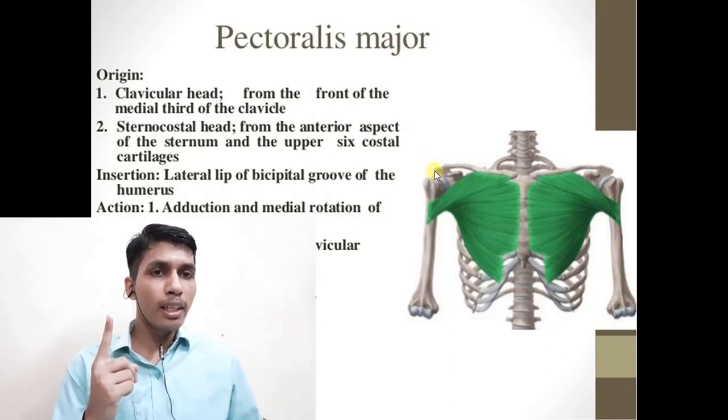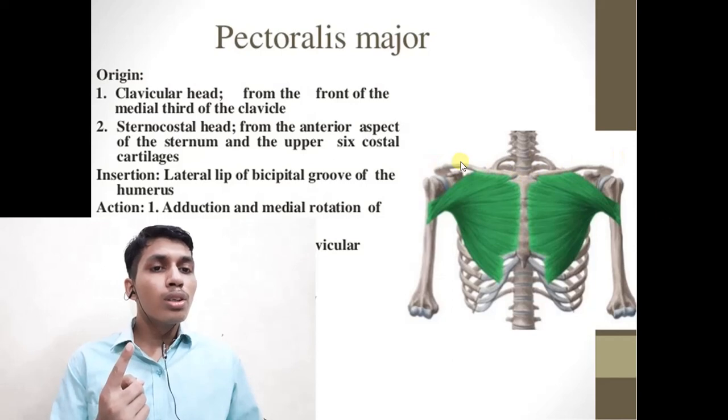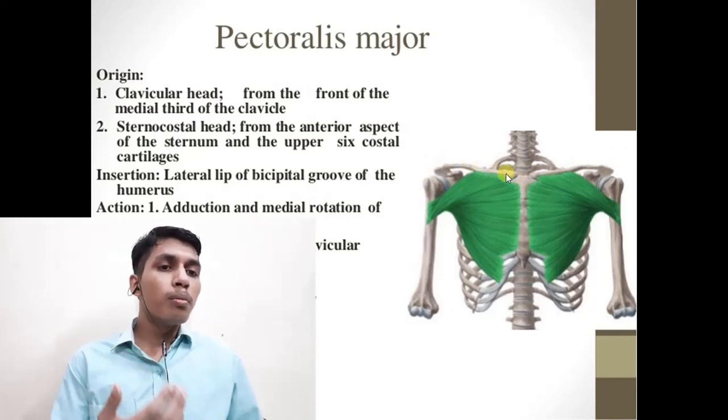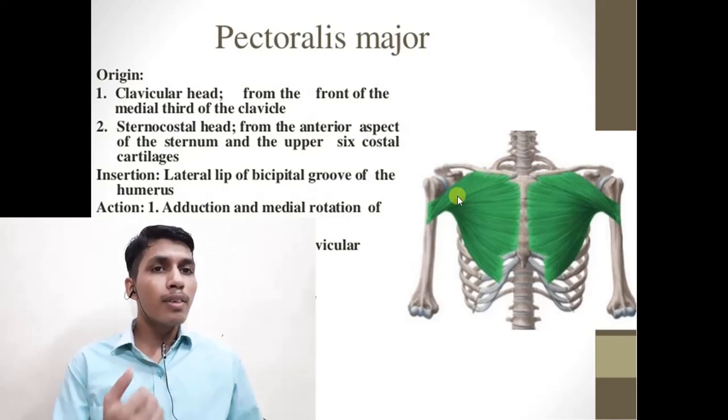One is the acromion end, present near the shoulder joint or near the acromion process, and the second end is the sternal end that connects to the sternum. Towards the acromion end lies the lateral 1/3, and towards the sternal end lies the medial 2/3 of the clavicle. So from the anterior aspect of the medial 2/3 of the clavicle bone arise the fibers of the pectoralis major muscle known as the clavicular fibers.